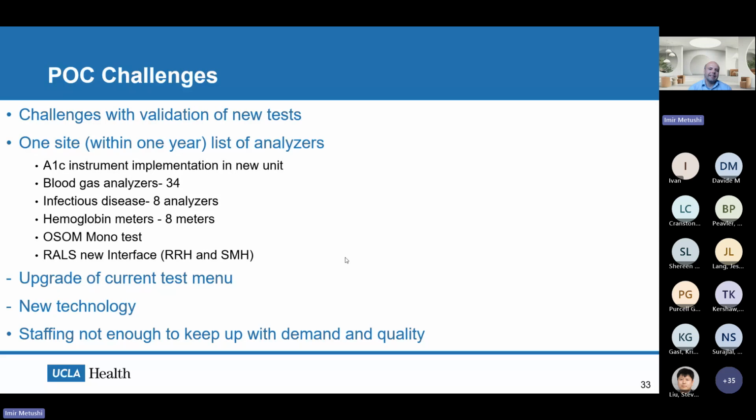Now, all this is in addition to the quality improvements that need to be made, right? The competencies, the proficiency testing that we all have to keep up with on a day-to-day basis, and all other duties. So it becomes very time-consuming, and staffing is just not enough sometimes to keep up with the growing demand and the level of quality that we are asked to maintain in this space.